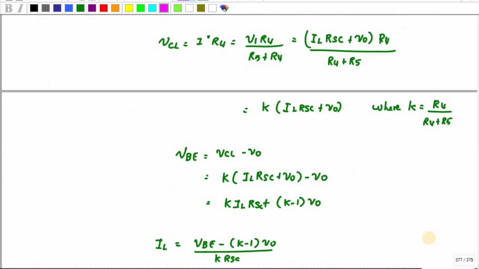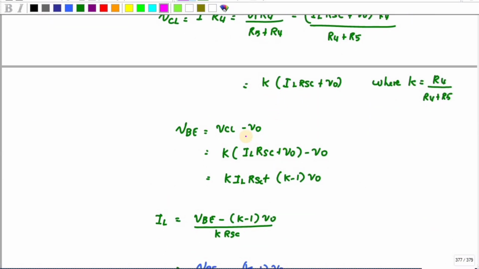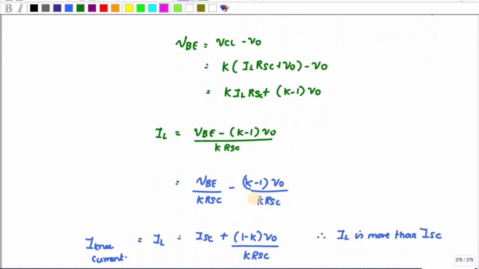If you substitute the VCL value and V0, I will get VBE is equal to K IL RSC plus K minus 1 into V0. From this, I can take IL is equal to VBE minus K minus 1 V0 divided by K into RSC. So IL is equal to VBE divided by K RSC minus K minus 1 into V0 divided by K into RSC.